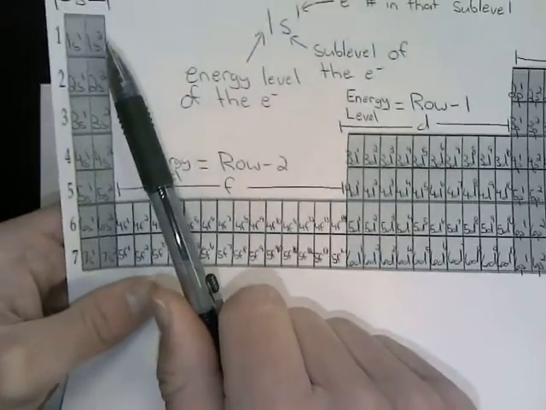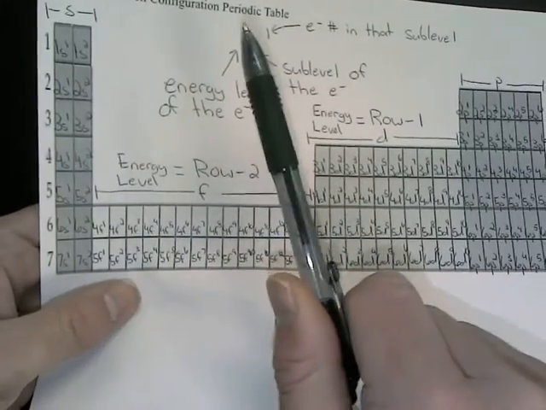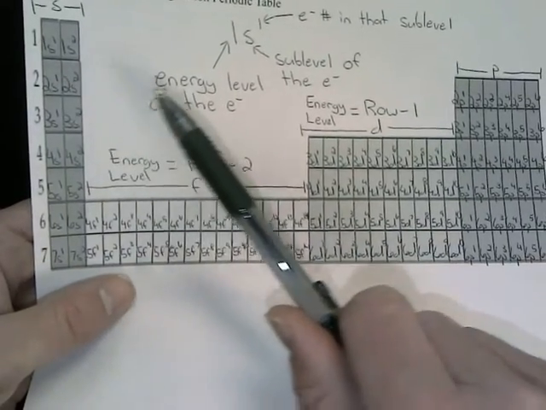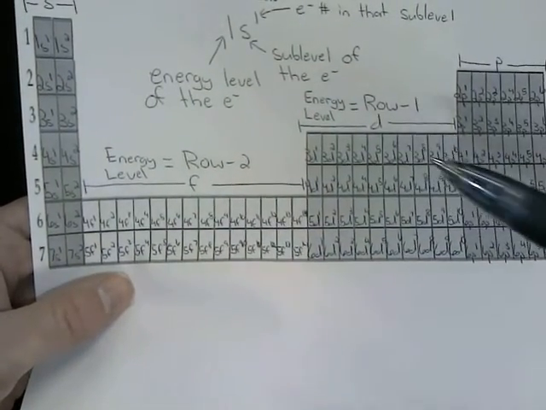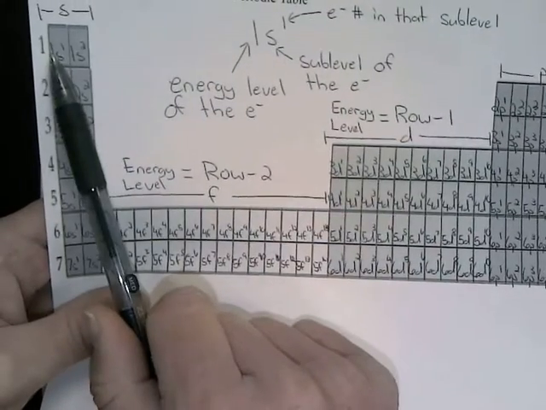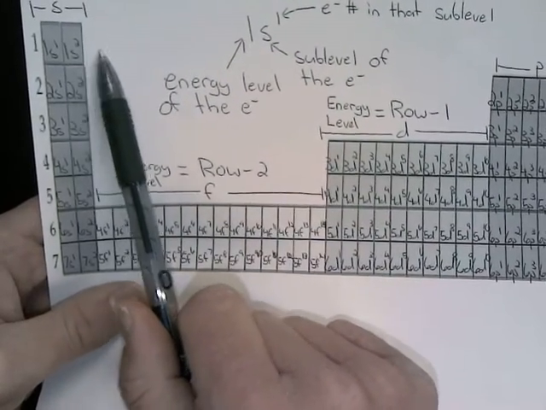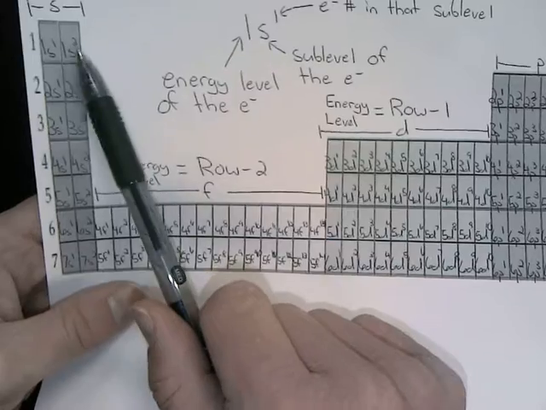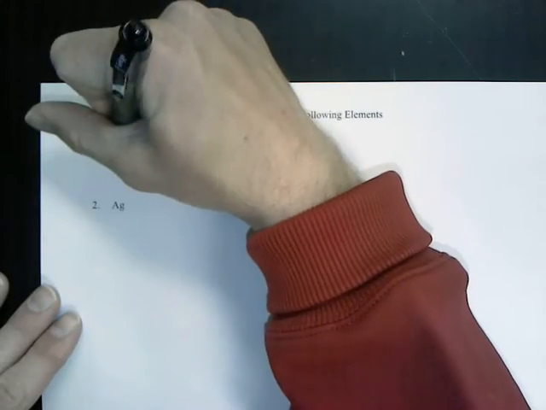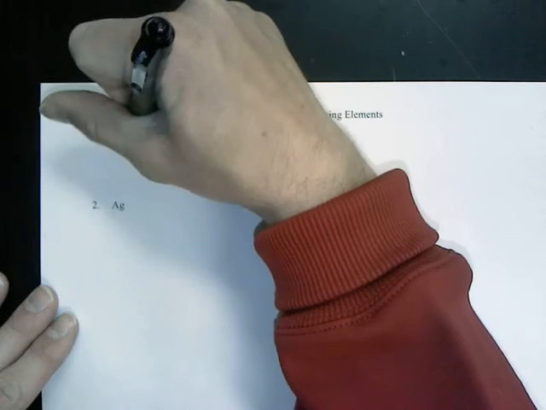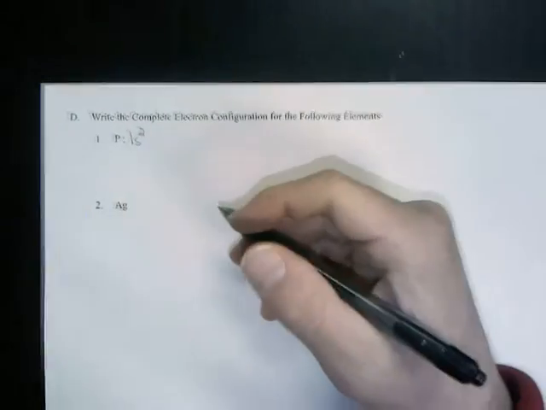Now, how we write the electron configuration, if we turn back to our electron configuration periodic table that we just spent time filling out, we have to go left to right, top to bottom, and read until we get to our box for phosphorus. So we ask ourselves, at the end of each sublevel, have we reached our element? Well, the answer is no for that 1s level, and so we just have to write all of those electrons in that 1s level by putting 1s2.